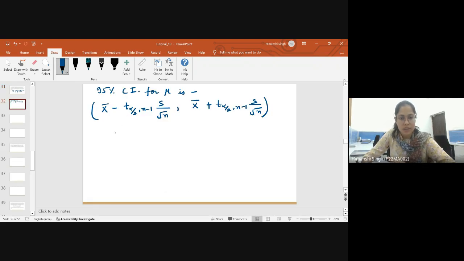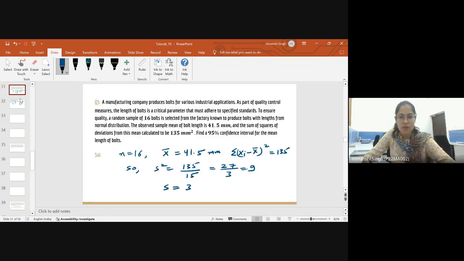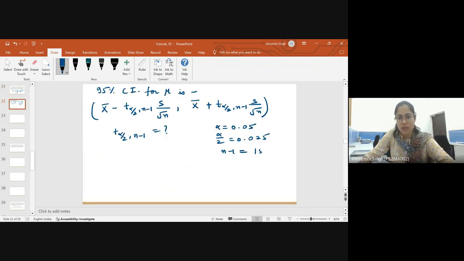Now we need to calculate this t alpha by 2 comma n minus 1. Okay, now 95% confidence interval means alpha is 0.05. So alpha by 2 will be 0.025, and since we have n to be 16, n minus 1 is 15. So we need to calculate t 0.025 comma 15.